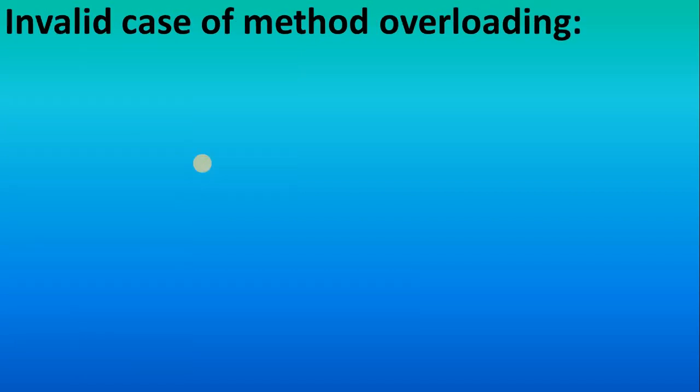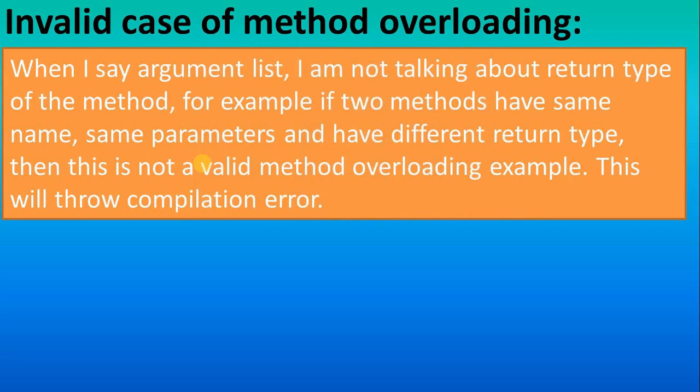Invalid case of method overloading. When I say argument list, I am not talking about the return type of the method. For example, if two methods have the same name, same parameters, but different return type, then it is not valid method overloading. Sometimes two methods have the same name, same data types, but only their return type is different.